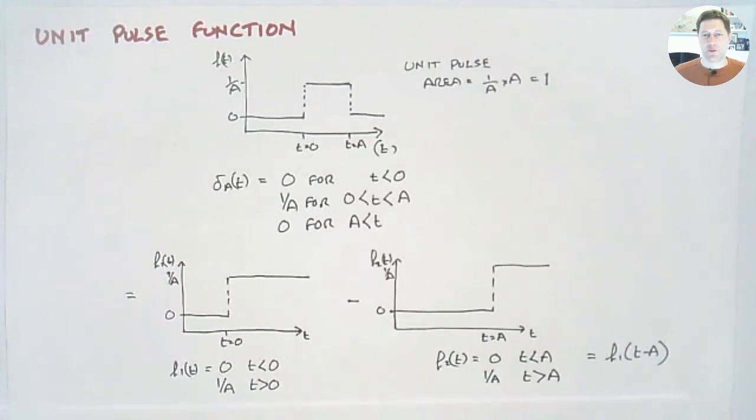So just write out what these are specifically. f1 is 0 for t less than 0, 1 over a for t greater than 0. f2 is 0 until t is greater than a, and then it's equal to 1 over a. And that can be written as a time delayed function. So it's the same as f1, except it's got the delay of a.